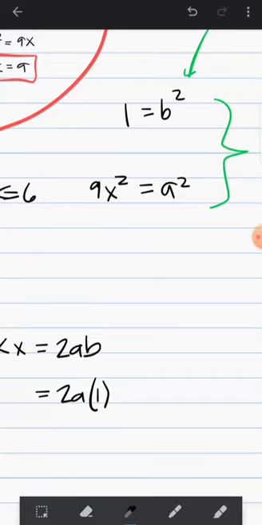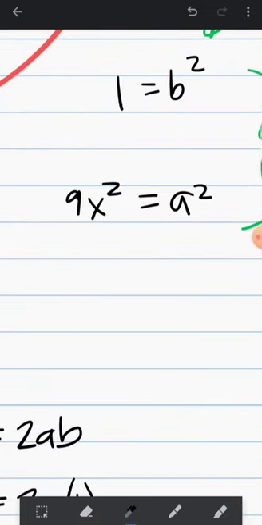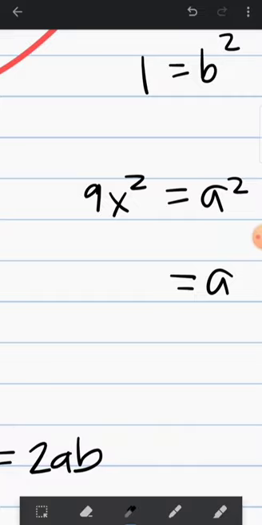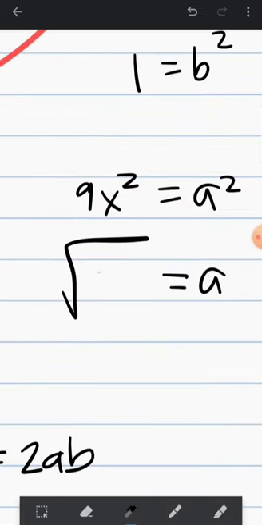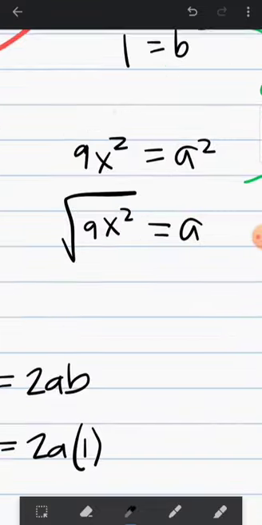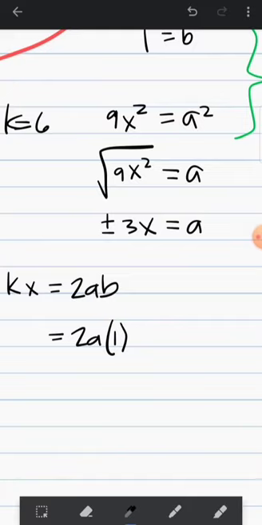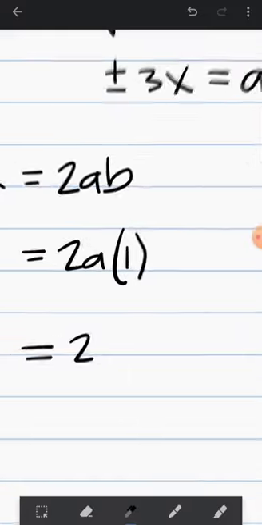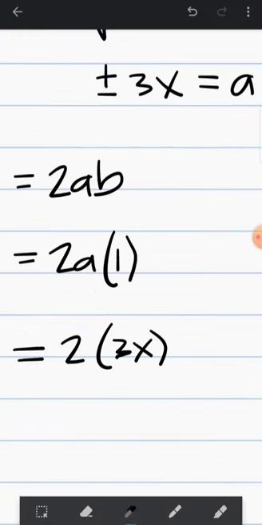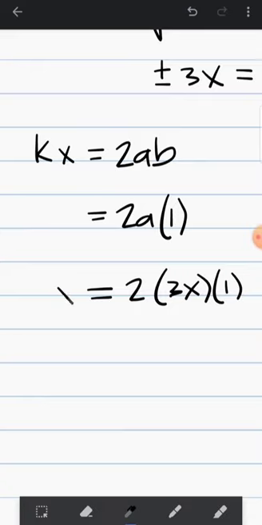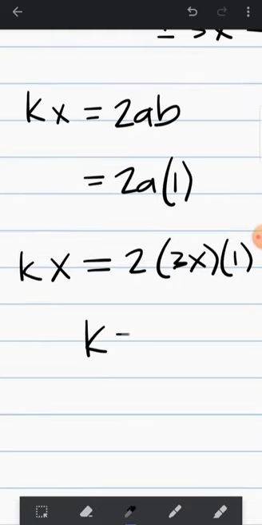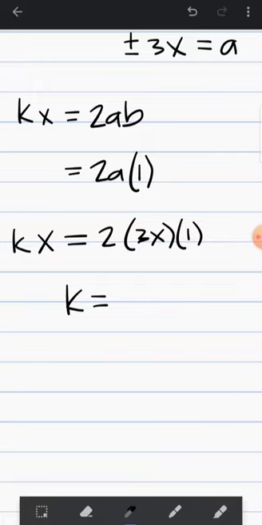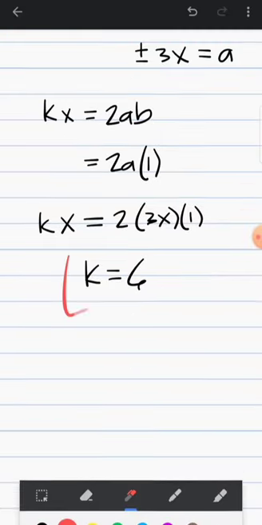And then solving for a here, all we need to do is take the square root of 9x squared, and we should get positive or negative 3x, so that's a. And then again, negative won't matter, so a is 3x, so 2 times 3x, and then here x. With that, k is equal to 6. Alright, k is 6. So that's it.